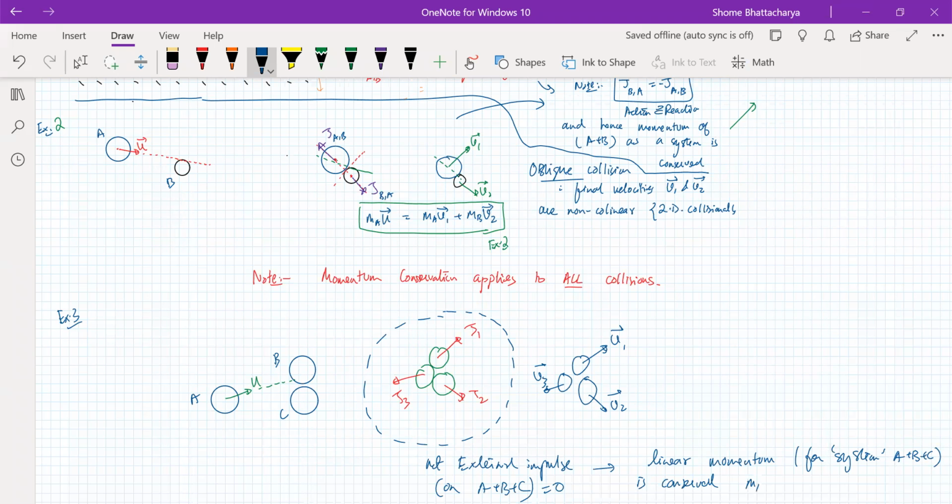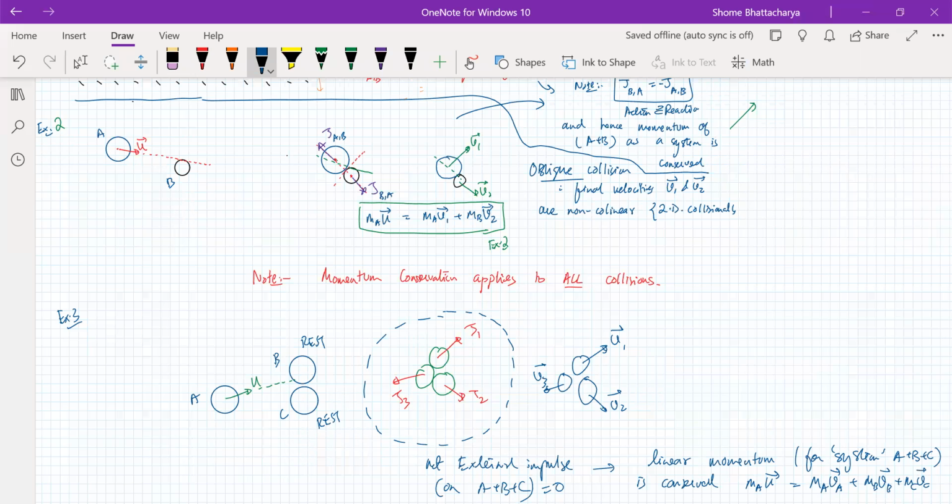So our mass of A into U, which is the initial momentum, because both of these I'm assuming were at rest, will be equal to the final momentum, which is the vector sum of these three individual momenta.